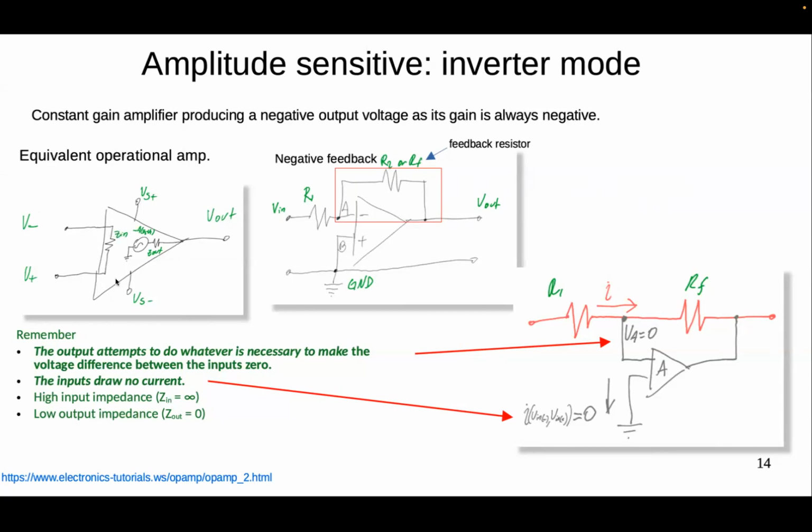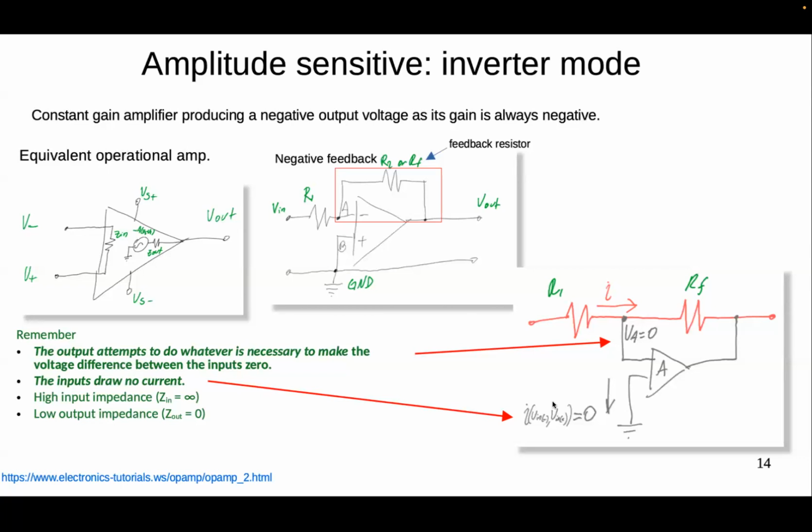The input impedance we consider ideally as infinite, very large. The output impedance is very low. And we also have to remember that the output will try to make the voltage difference between the two inputs zero, and the inputs draw no current between them.